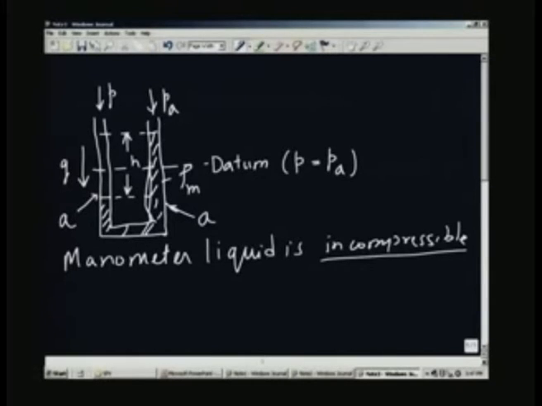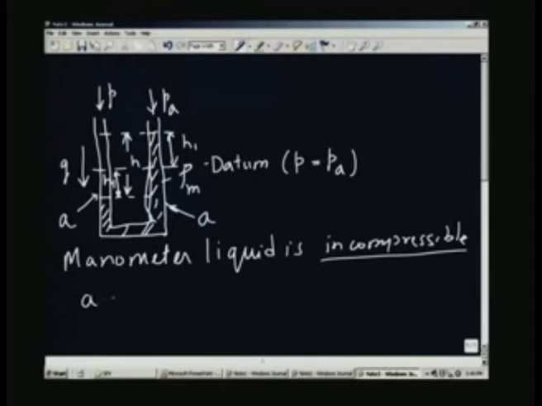So, suppose it goes up by a certain amount H1, it also has to go down by a distance equal to H1, because the volume of the liquid which has gone up should be equal to the volume which has gone down. So, these two must be equal, because the manometer liquid is incompressible.